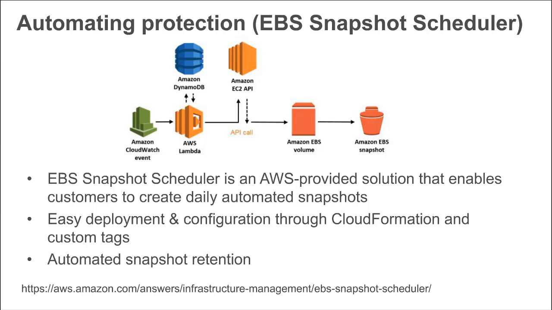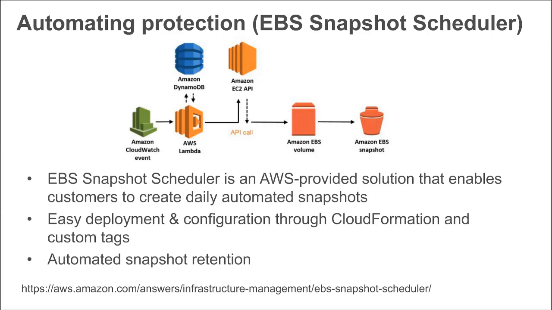Really, the monthly cost of running this solution using the default settings in, say, US East 1 would run you approximately $1.85 a month. This doesn't include the cost of snapshots. This is just the cost of processing, management and scheduling of the snapshot creation and deletion. Basically, those Lambda and DynamoDB charges.